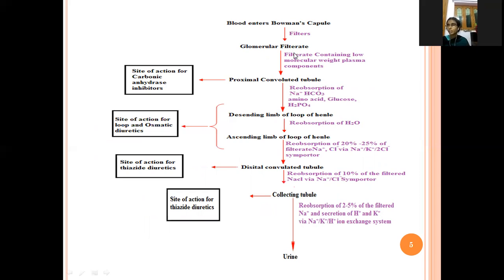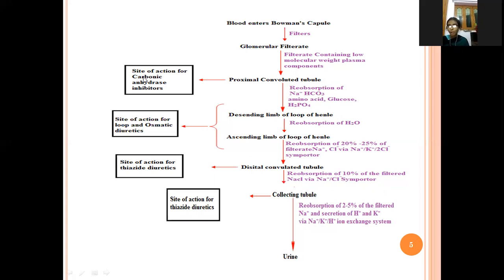The filtrate contains low molecular weight plasma components. The fluid then enters the proximal convoluted tubule, where the reabsorption of sodium, carbonic acid, amino acids and glucose takes place. Here, in the proximal convoluted tubule, the carbonic anhydrase inhibitor drugs are active.